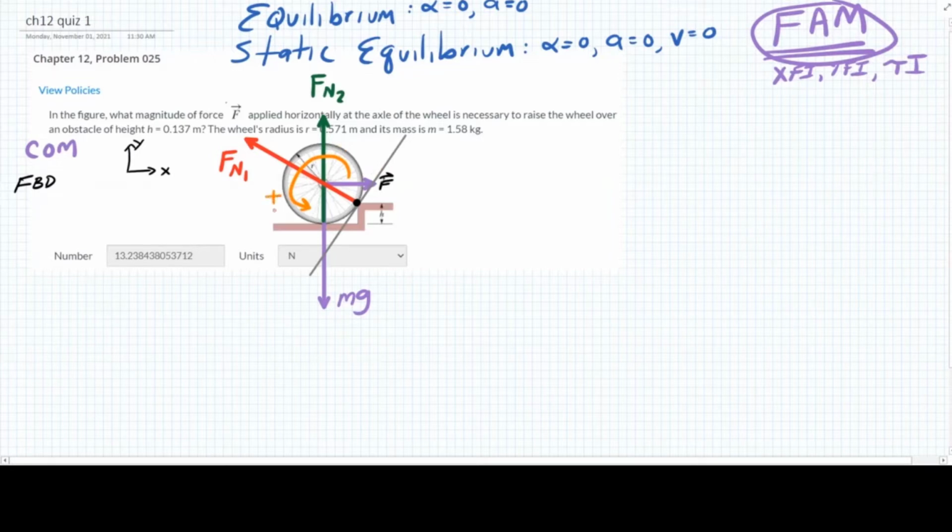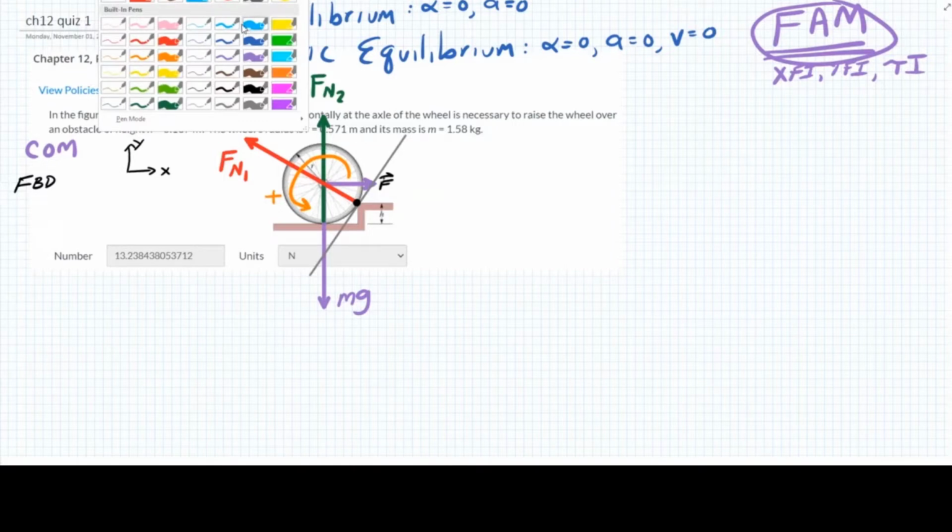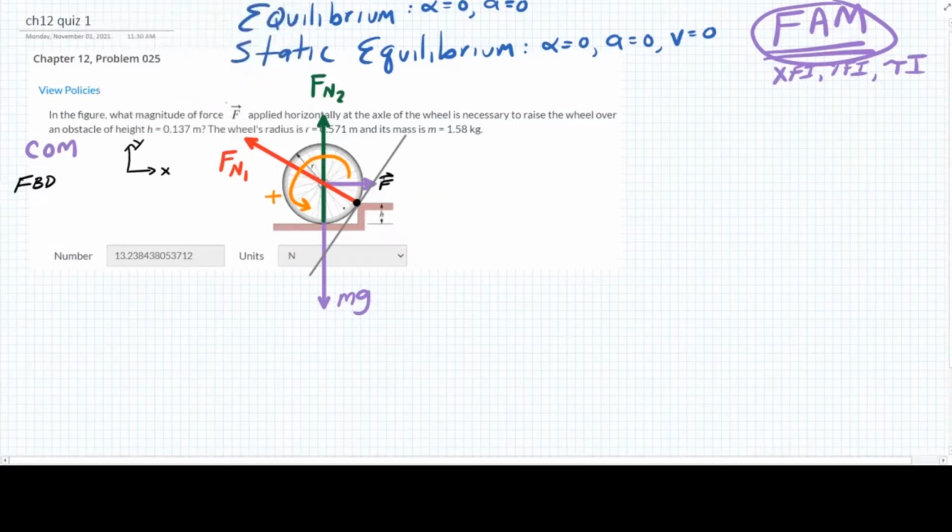This is positive. This is my AOR right here, my axis of rotation, right there. Well, and then here's the question. And here's my rule of thumb. If there's a physical point that is clearly the axis of rotation, use it as your axis of rotation.